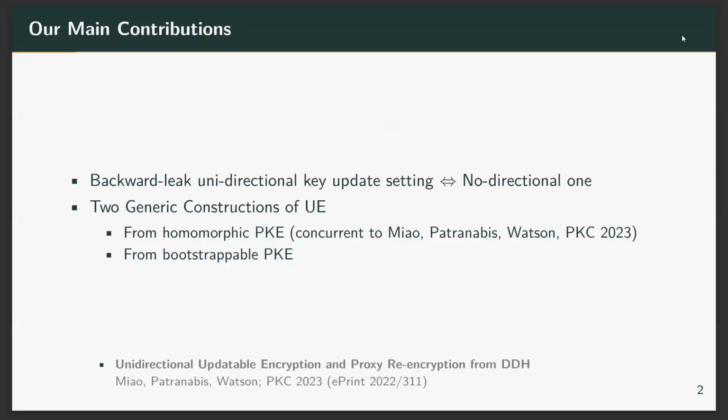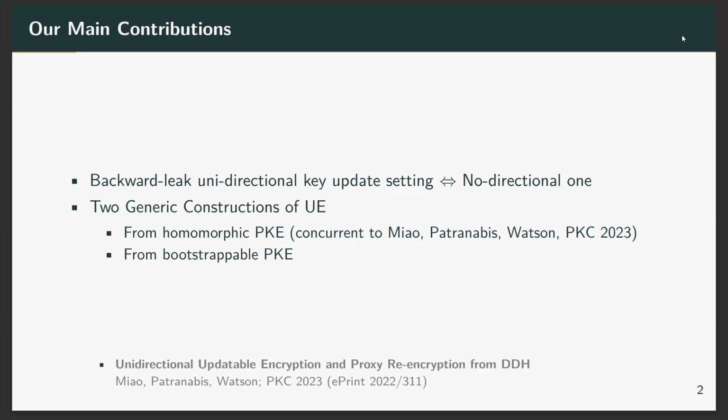So let's jump straight to the conclusions. In this paper, we basically have two main contributions. The first one is we prove an equivalence result showing that backward-leak unidirectional key update is equivalent to the no-directional one. And the second main contribution is two generic constructions of updatable encryption.